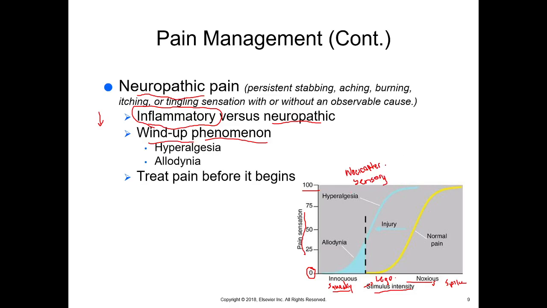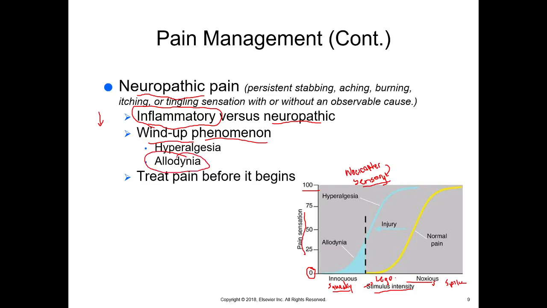What happens is the nociceptor starts to recruit these sensory nerves because they're all wound up and they feel like they're not getting their information across to the animal. Okay, so they say, hey, we need a little help.